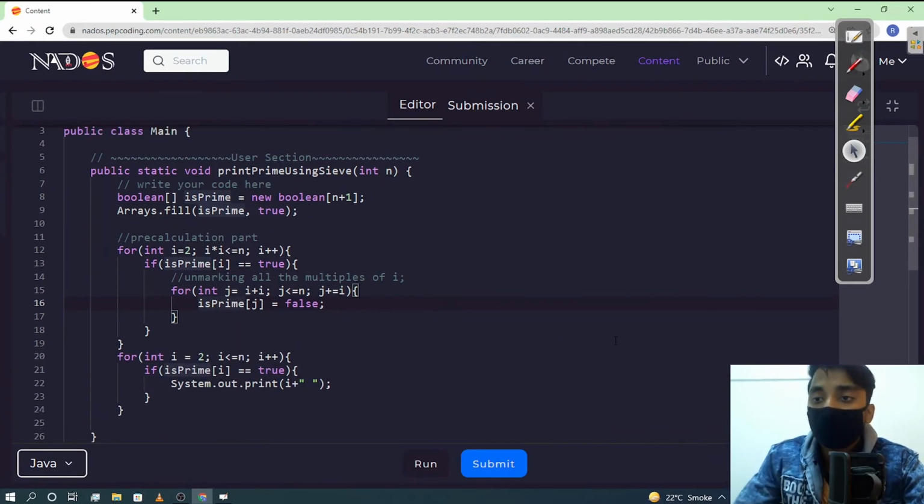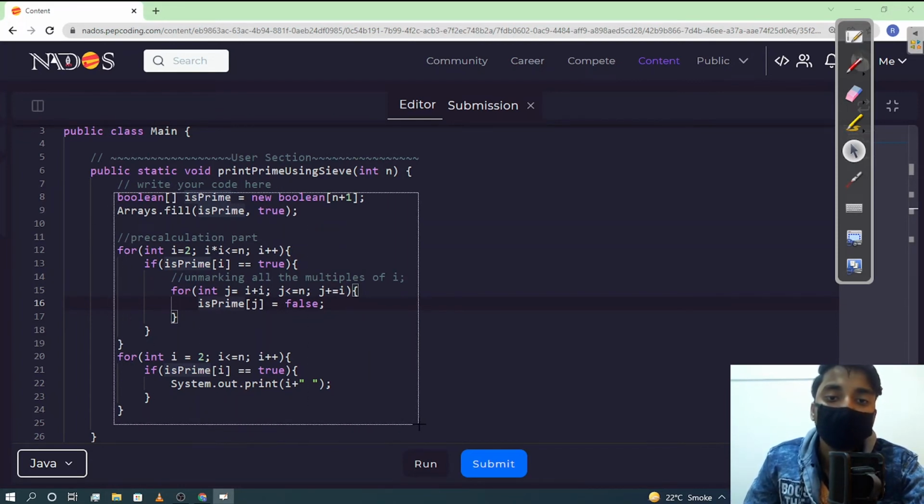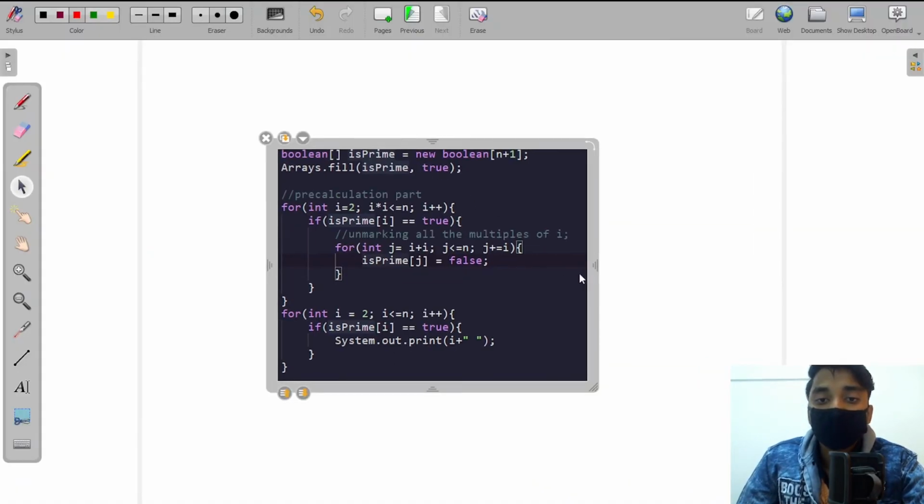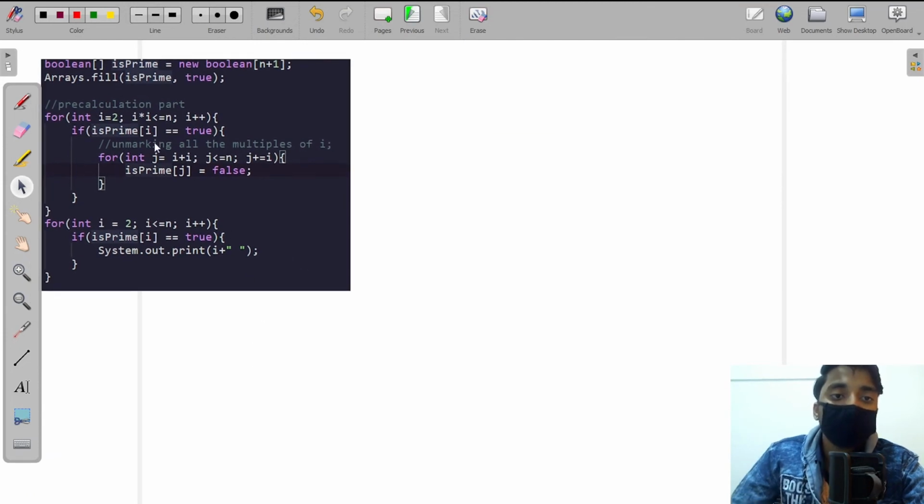Now let's take this code to the open board to check how it is taking less time than n under root n. So here this is the code. The outer loop is taking under root n time.